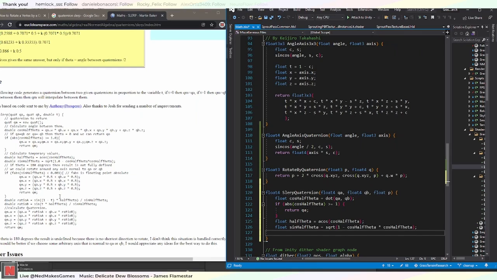Okay, so if the sine is less than 0, that means that they're 180 degrees apart, right? So if theta is 180 degrees, then the result is not fully defined. And theta is the angle between them. So we rotate around the axis normal to QA or QB.